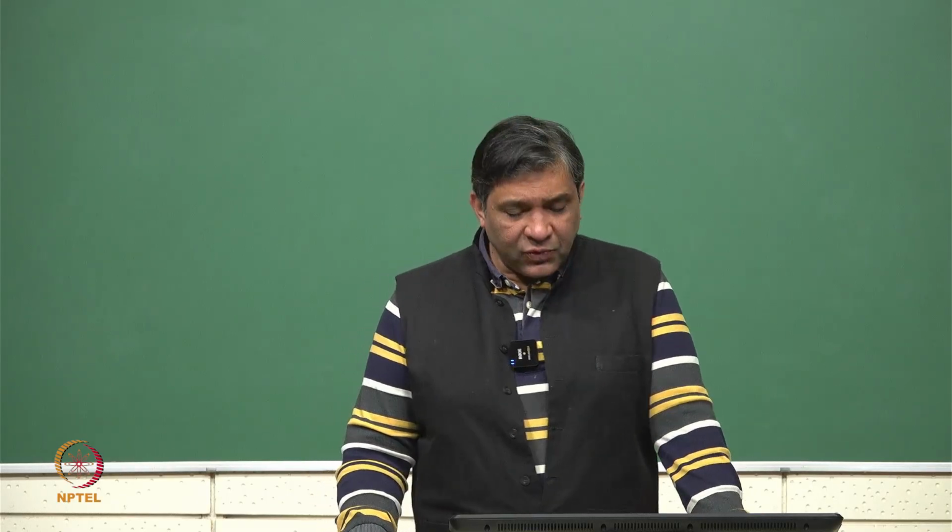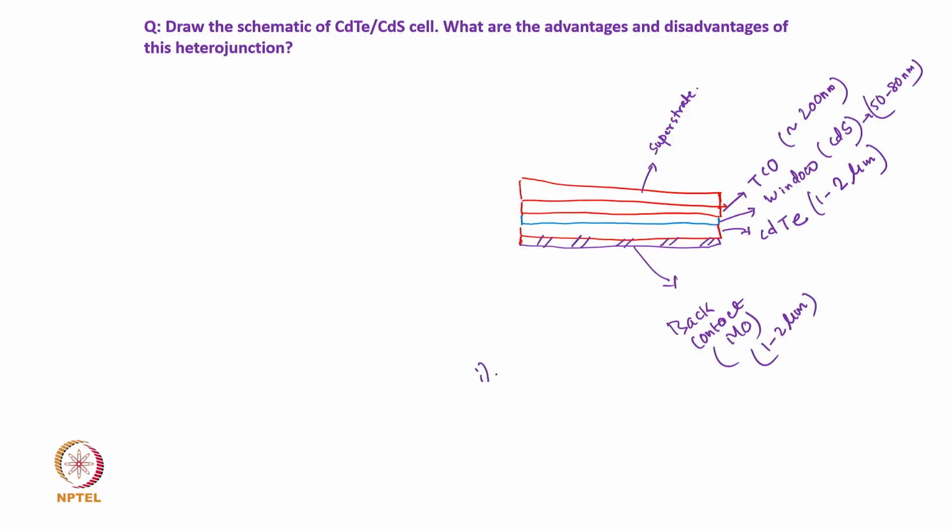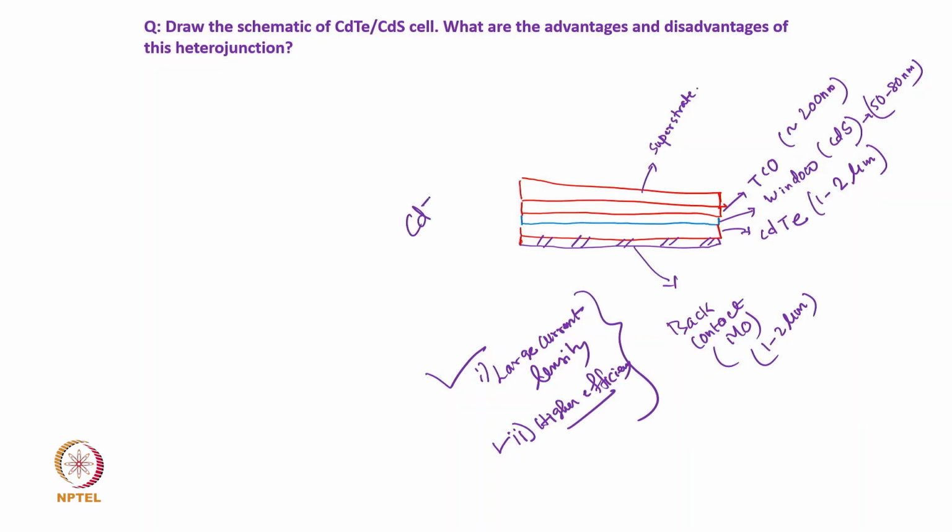But still it gives quite a high current density, large current density, and that gives higher efficiency. And therefore, the CdTe CdS junction is so important.